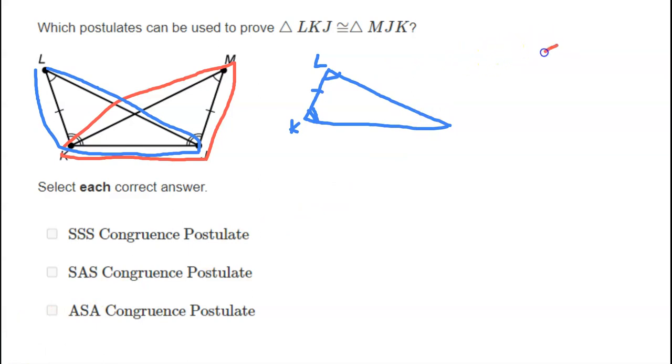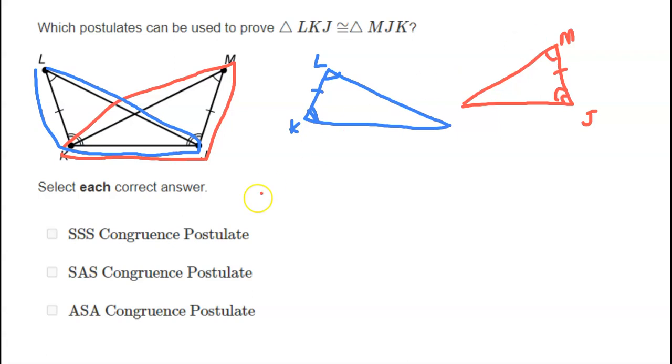So we're going to go ahead and draw triangle MJK. And we see that M has one arc mark, and we see that J has two arc marks, and we see that the included angle has one tick mark.